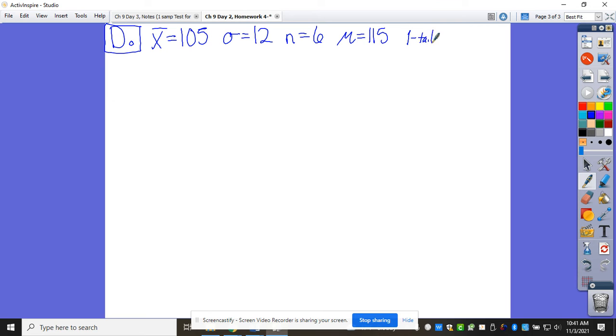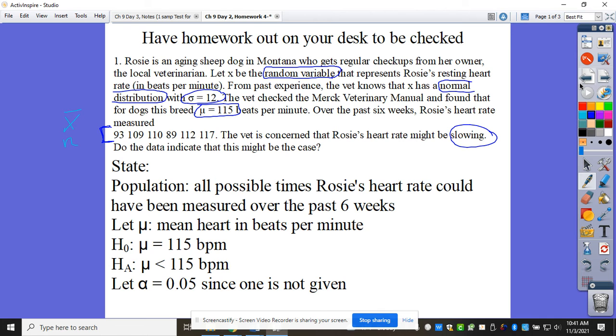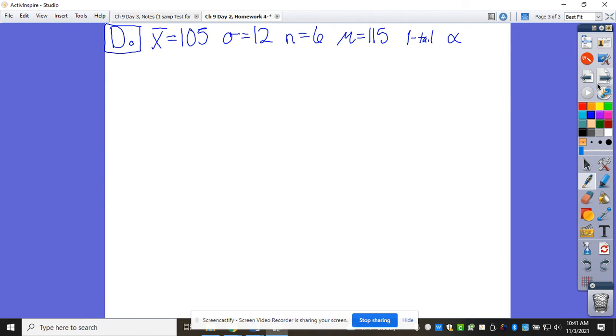Why is it 1? Because our alternative is less than, and we set alpha to be 0.05. So our equation, what in general?